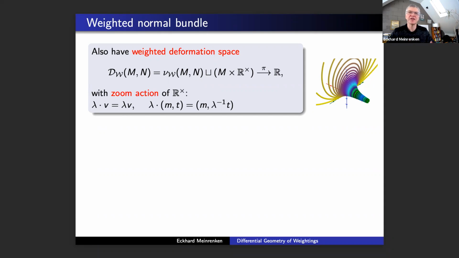It's called the zoom action, which in the way of setup is as lambda goes to infinity, it approaches the zero fiber and then goes off to infinity. The main point of this weighted deformation space is that it's a smooth manifold. It blows up normal directions to N as t goes to 0, but in a weighted sense.